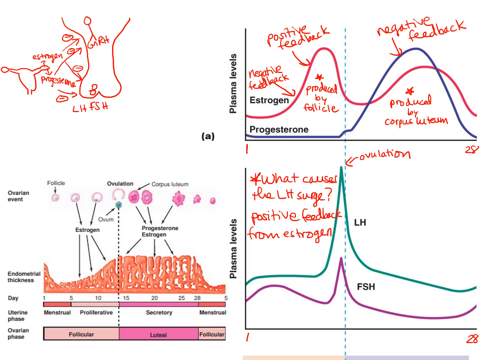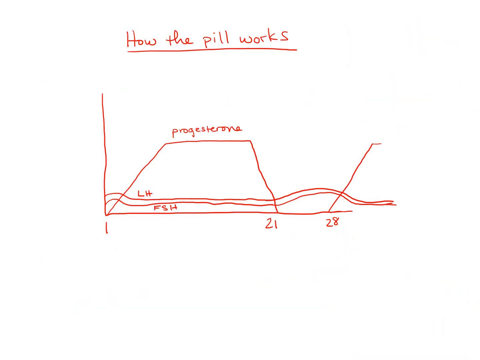Okay. All right. Just how the pill works, because this is a very common method of birth control. What's in the pill? Some of the pills just have progesterone in them, and others are a combination of estrogen and progesterone. So how they work, because now you understand how the menstrual cycle works.